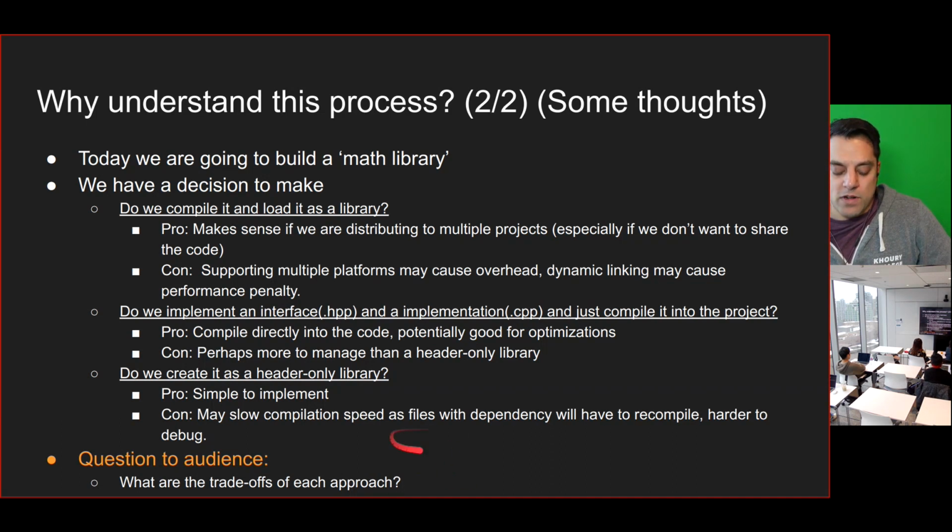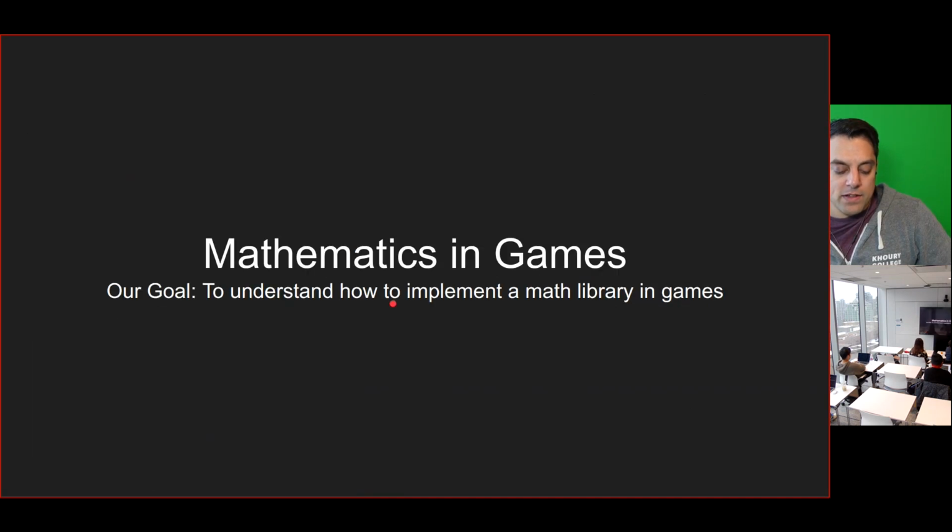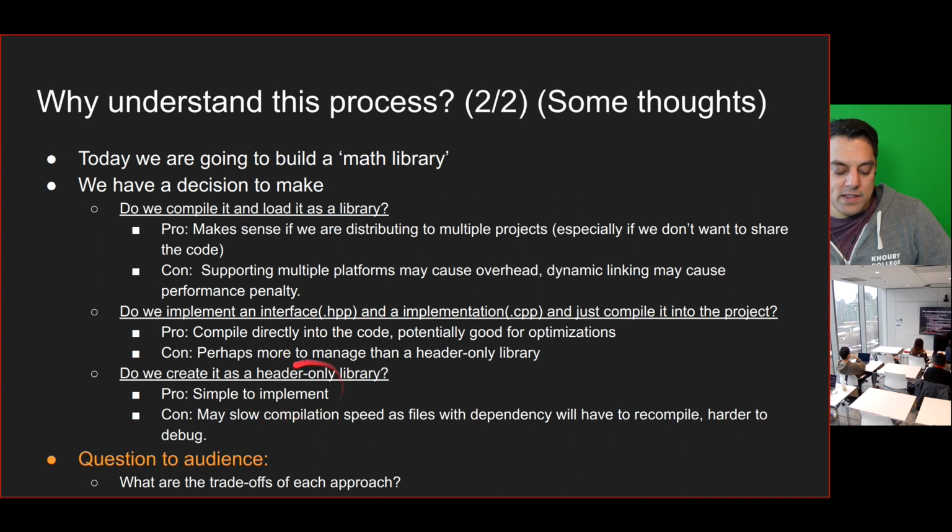And that'll come more into play if we have a build system. So these are just some of the trade-offs I want you to have in mind as we're building these things. The reality is I'm going to default us into the header-only option because it's the simplest. And I think until our project starts getting larger, then we'll want to think about some of these other options.